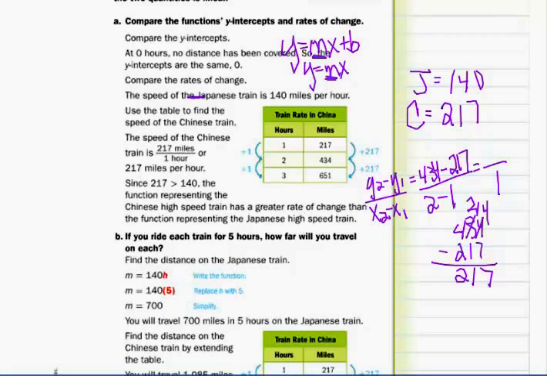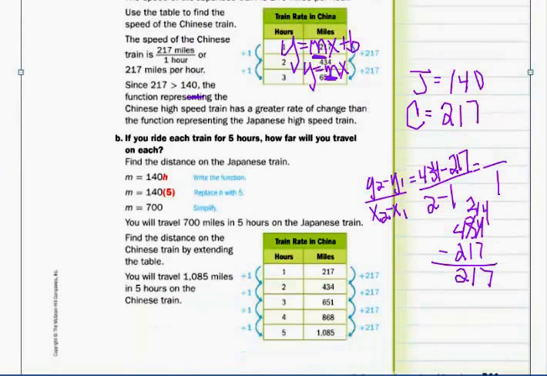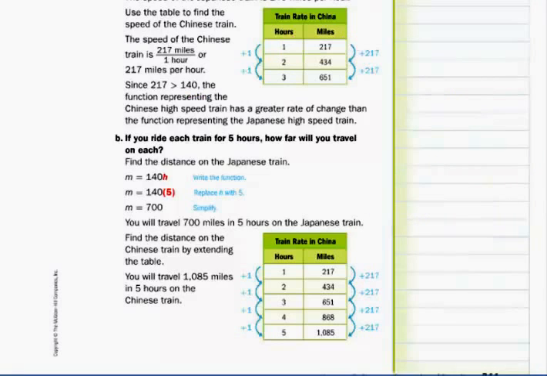Now, looking at the Chinese train. Find the distance on the Chinese train by extending the table. So, in the original table, we're talking about for 1 hour, this, 2 hours, this, 3 hours, this. Well, what would it be for 4 hours?